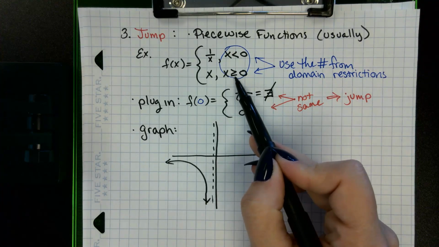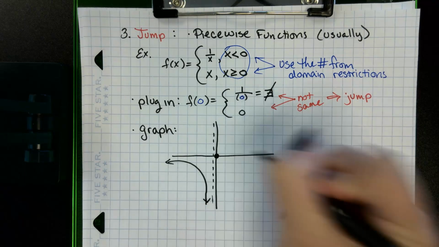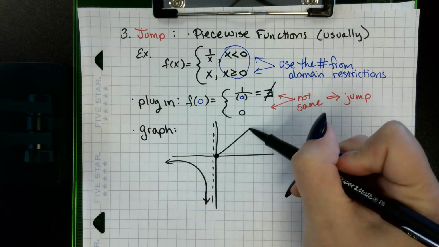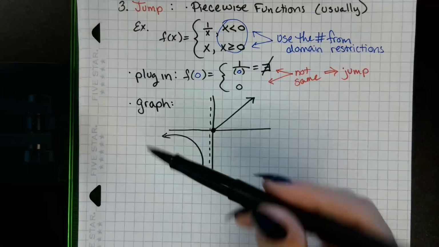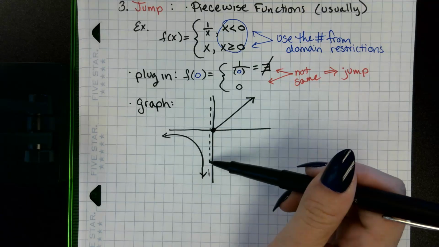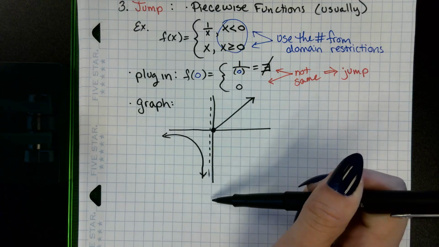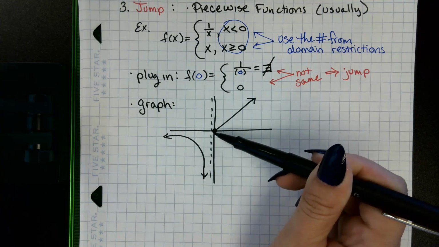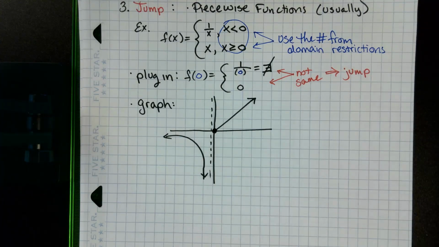At 0, it's a solid dot, and it's the linear function x, just the graph of x. That's a piecewise because it's in 2 pieces. So here, this one's going towards this vertical asymptote, and it goes down. It almost gets to 0, but never quite reaches it. And then at 0, it jumps up and is taken care of in the second part. So all of the x values are covered, just by 2 different pieces of the graph.